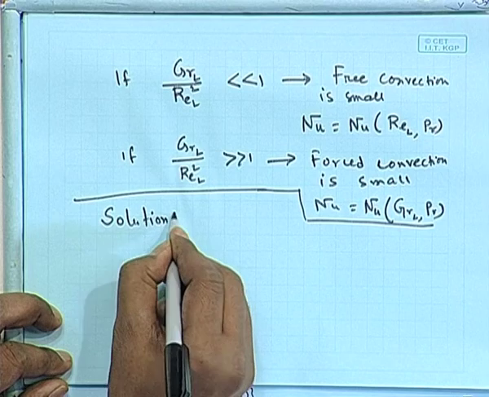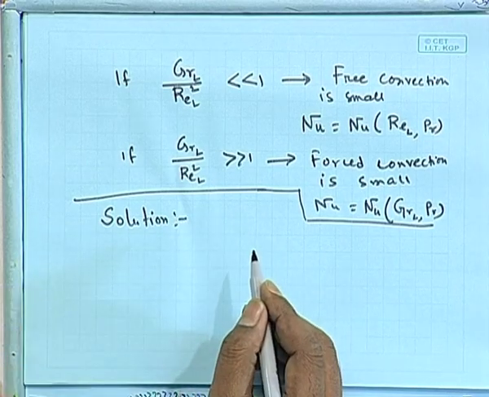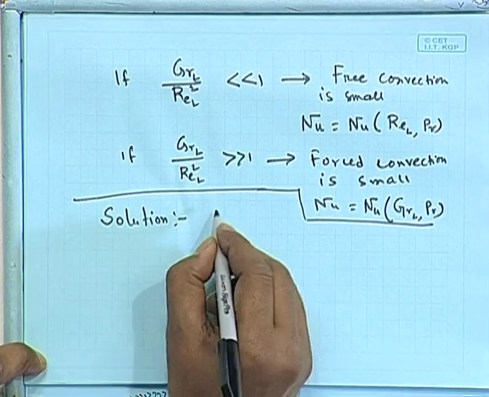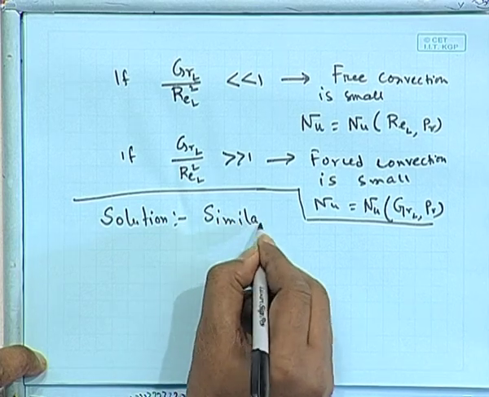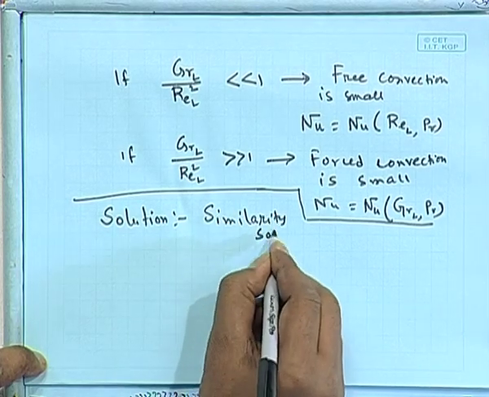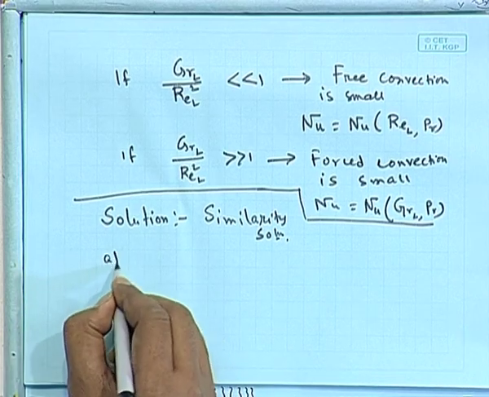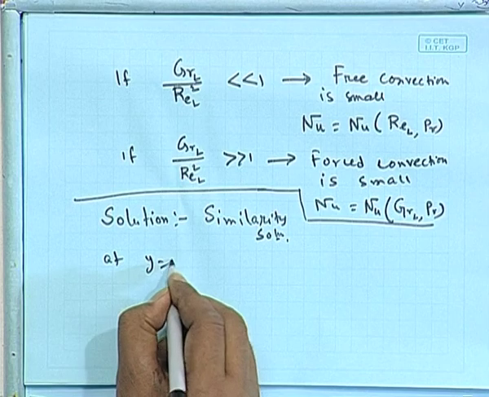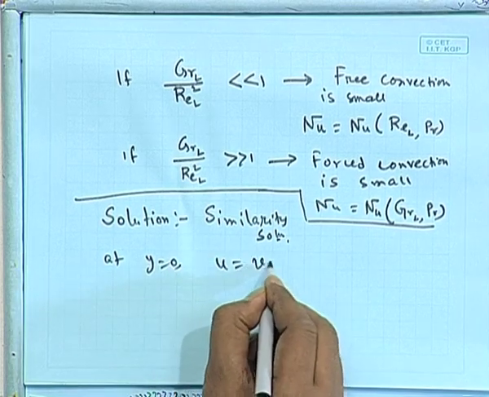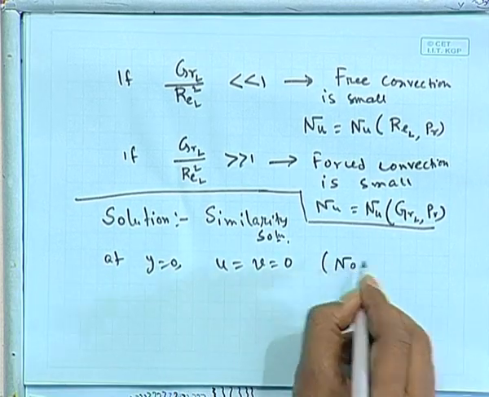Now, let us come down to the solution. Again, I will tell you just the solution. I am not going into detail of the similarity solution of your governing equation. Now, before going to the solution, you have to fix up your boundary conditions. At y equal to 0, u is equal to v is equal to 0 because of no slip.